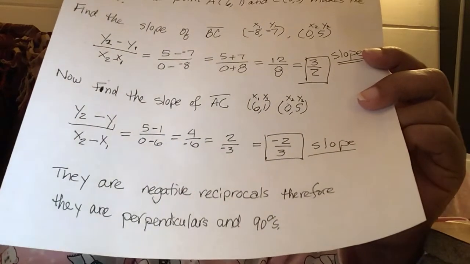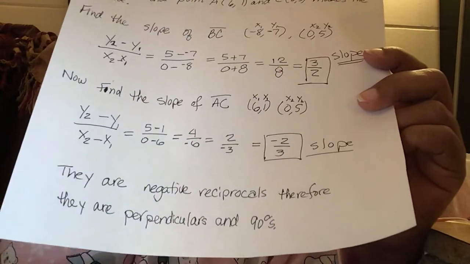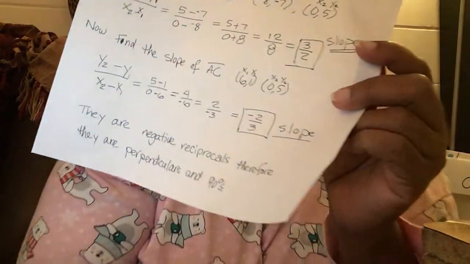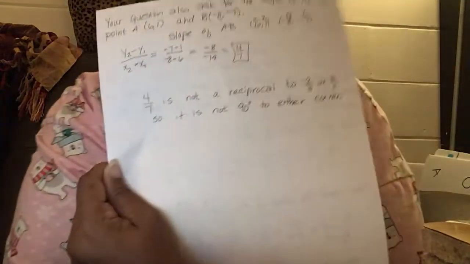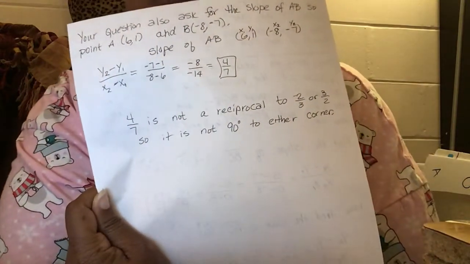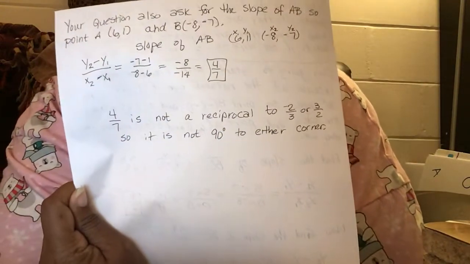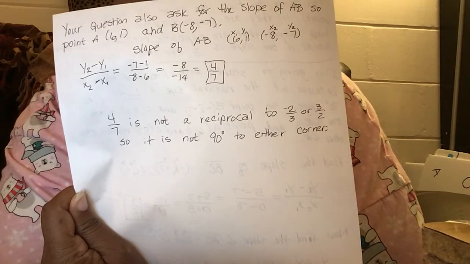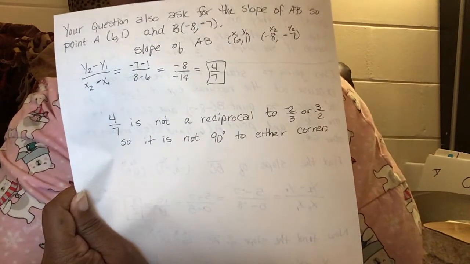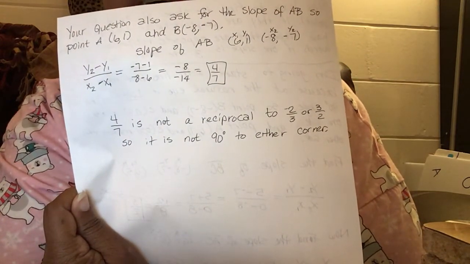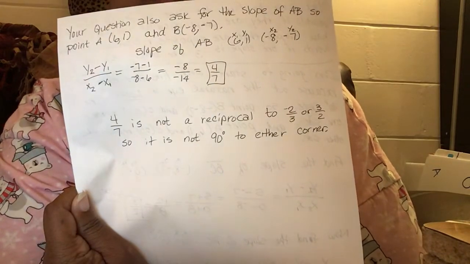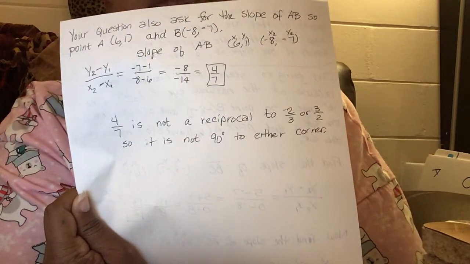All right, when I look further at your problem, your question also asks for the slope of AB. So point A, which is 6, 1, and point B, which is -8, -7.